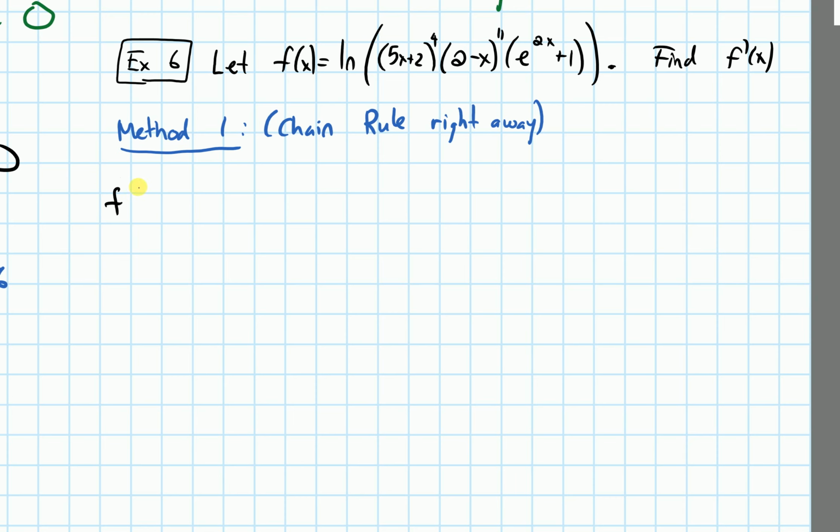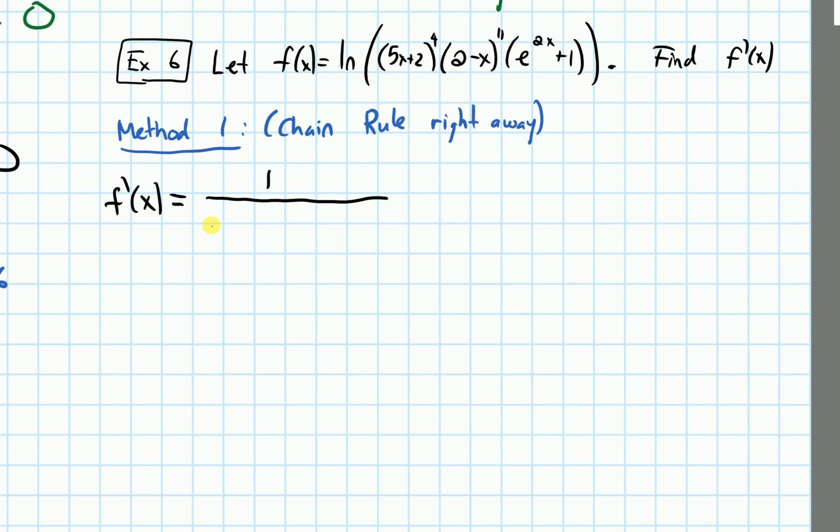We would get f prime of x equals, so the derivative of ln of some stuff is, well, the outside function is the ln portion, ln of x. And taking the derivative of that, we'd get 1 over, typically we just write x. But when we do the chain rule, we keep writing the same inside thing in when we do the derivative of the outside portion.